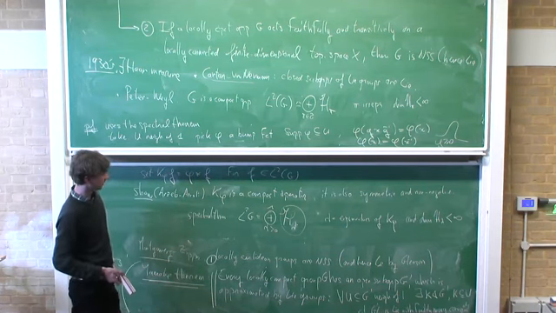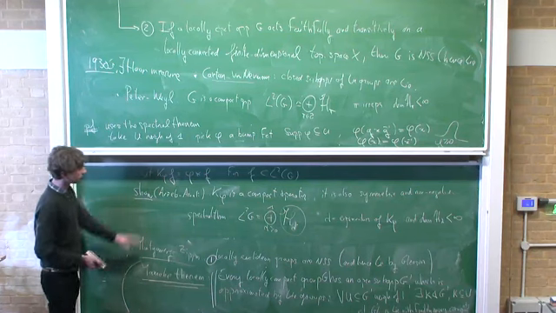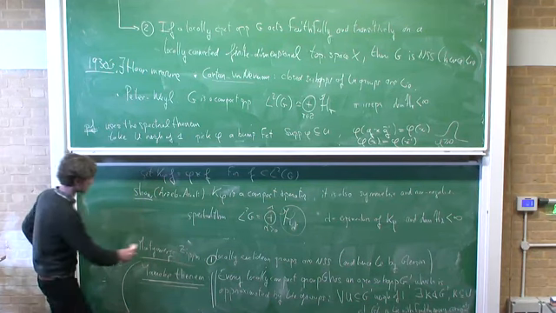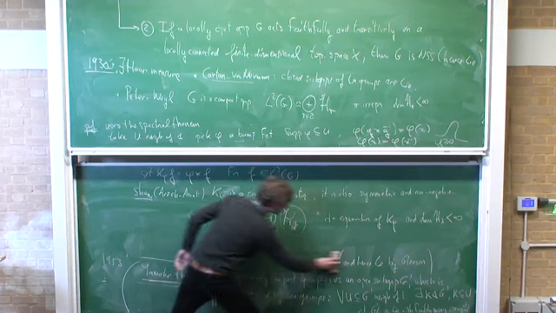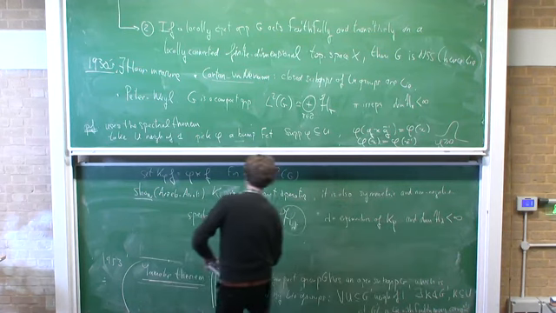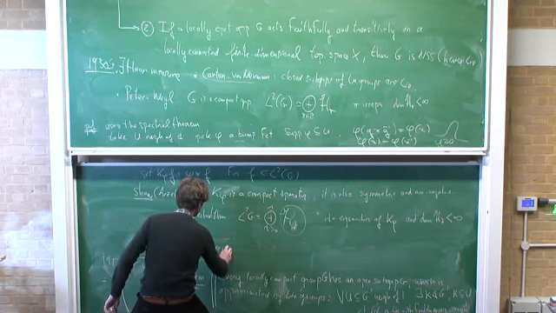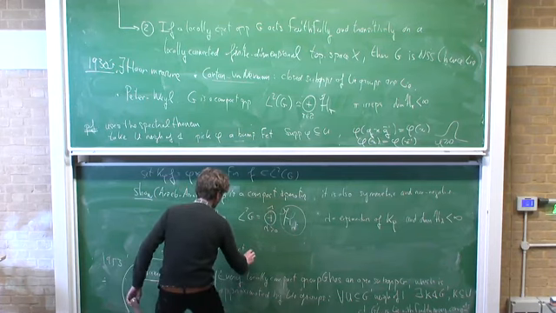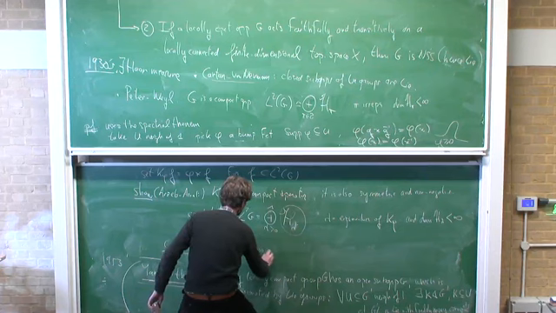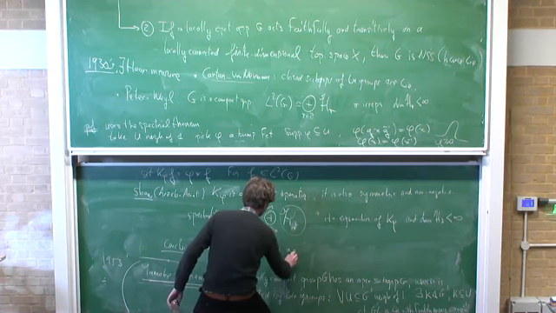So that's how you get it. So the conclusion is that every compact group can be approximated by Lie groups.